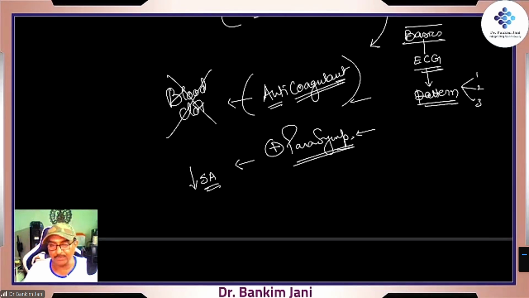Which nerve? Our all-time great, the 10th cranial nerve, vagus, right? So, if we just say that we'll be using a parasympathomimetic. Mimetic means it will mimic, it will say, yes, I'll be supporting the parasympathetic system. So that will lead to a decrease in the heart rate. That is what is needed, because we are going over 350, right?